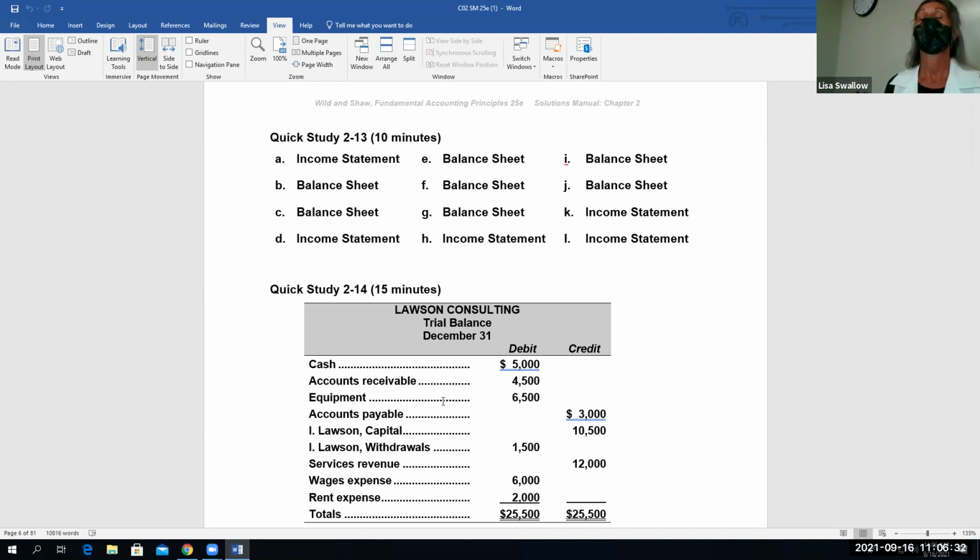Considered a liability. Anytime you see the word payable, you know it's a liability, and it's on the what? We've got three choices for financial statements: balance sheet, statement of owner's equity, or income statement. It would be the balance sheet.